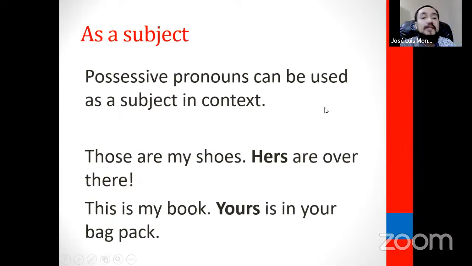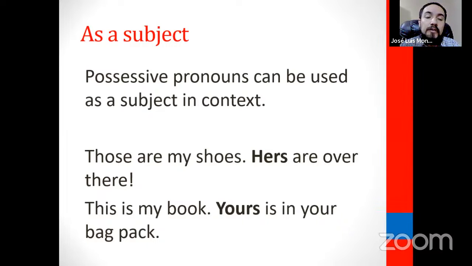And as a subject, it's also possible. Possessive pronouns can be used as a subject in a context. So let's read what we got. Those are my shoes. Hers, right? Her shoes, but we don't say "hers shoes." Hers is replacing the idea of shoes.